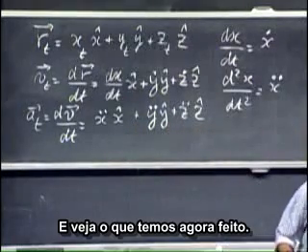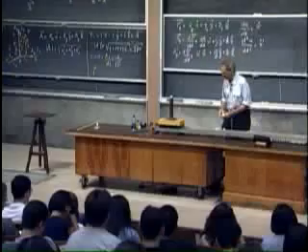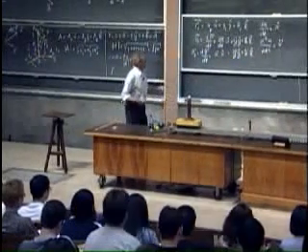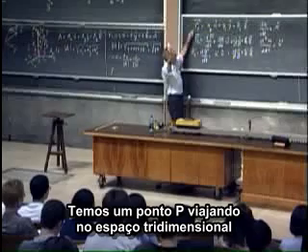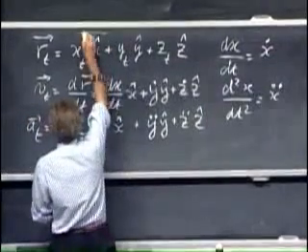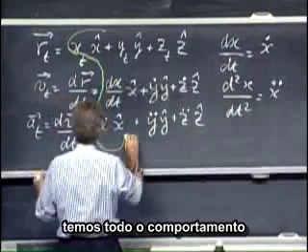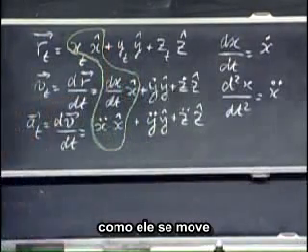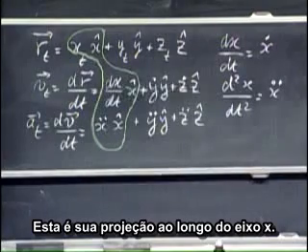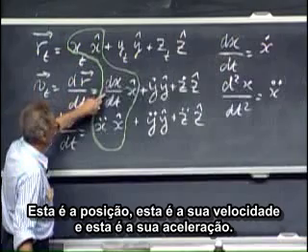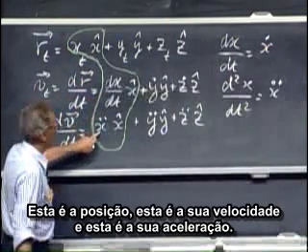And look what we have now accomplished. It looks minor, but it's going to be big later on. We have a point P going in three-dimensional space. And here we have the entire behavior of the object as it moves, its projection along the x-axis. This is the position, this is its velocity, and this is its acceleration.